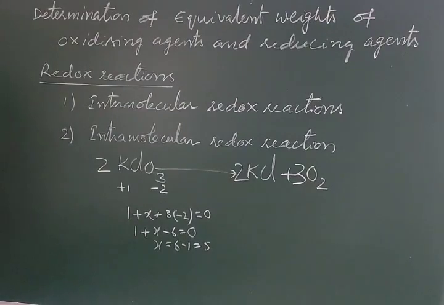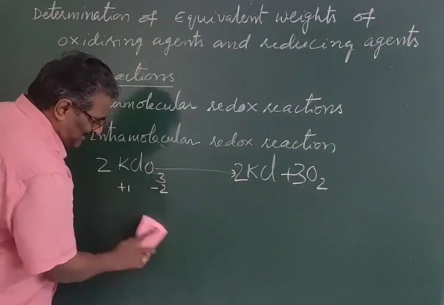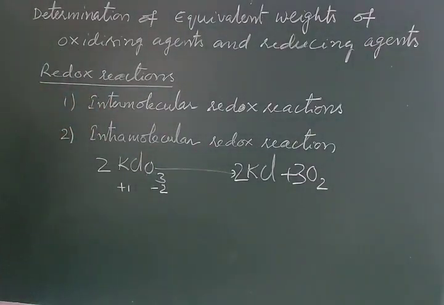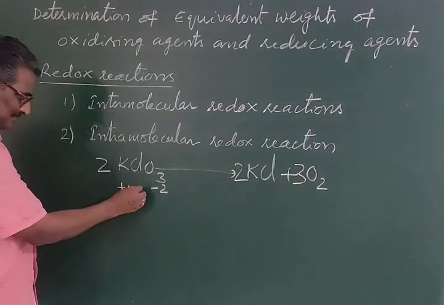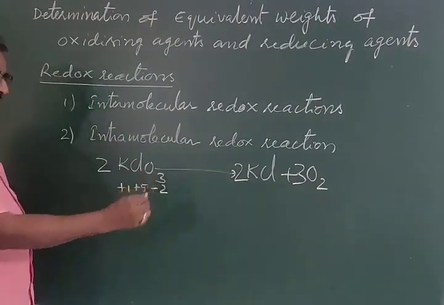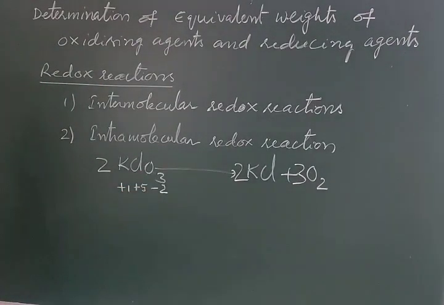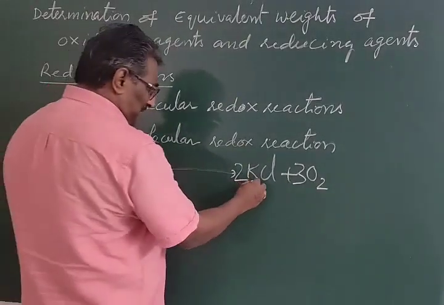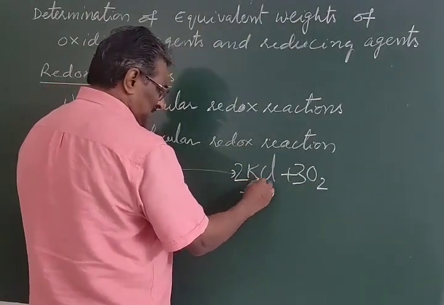So what is the oxidation state of chlorine in potassium chlorate? The oxidation state of chlorine in potassium chlorate is +5.